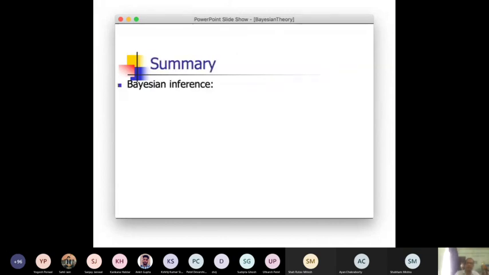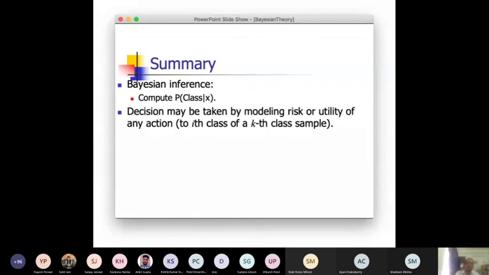So with this, let me summarize this particular topic on Bayesian inference, what we discussed under this topic. Bayesian inference means primarily that you have to compute a posterior probability with respect to classification, the posterior probability of classes given a particular instance, and you can also make optimal decisions.